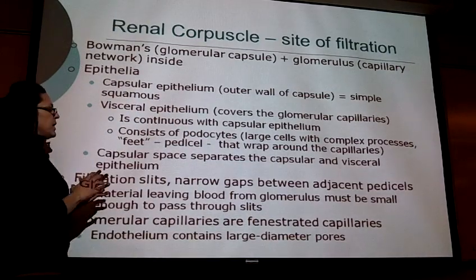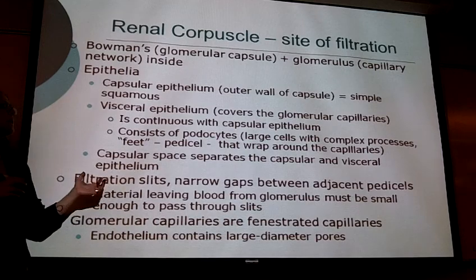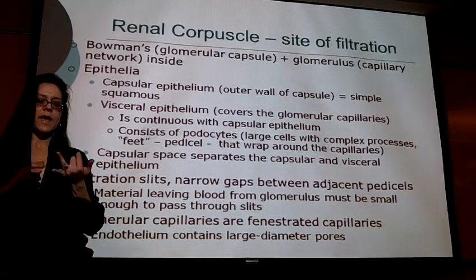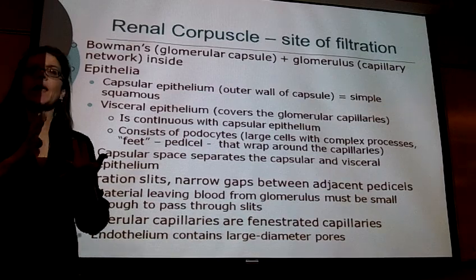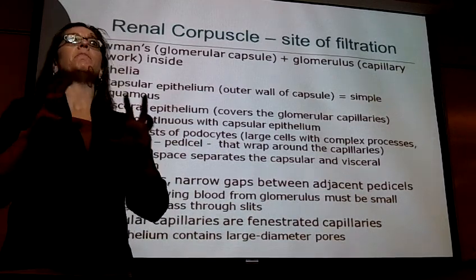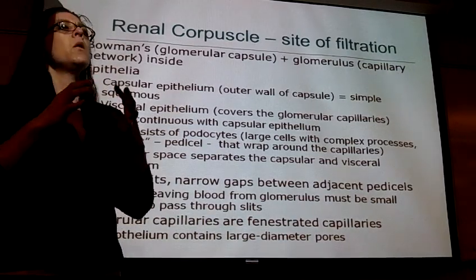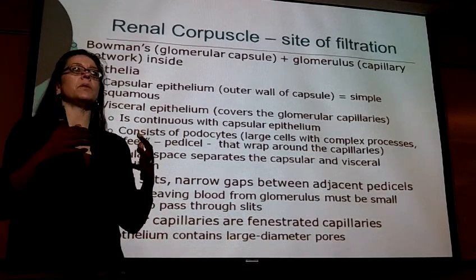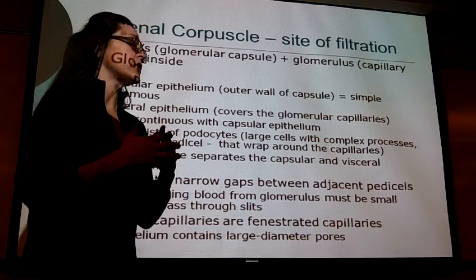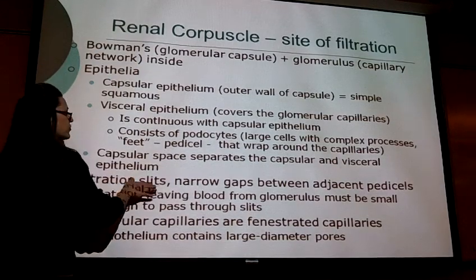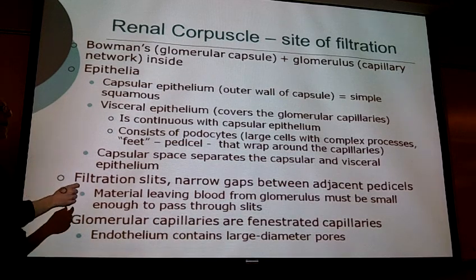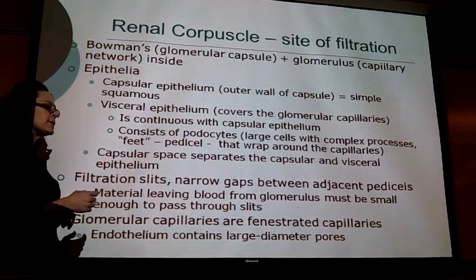But what I want you to keep in mind is, in this area where it's simple squamous epithelia, we aren't going to have channels, we're not going to have pumps in the membrane of these cells. Whatever is able to diffuse in or out of the blood is going to do so by going through these filtration slits. They're basically little gaps between the epithelial cells.